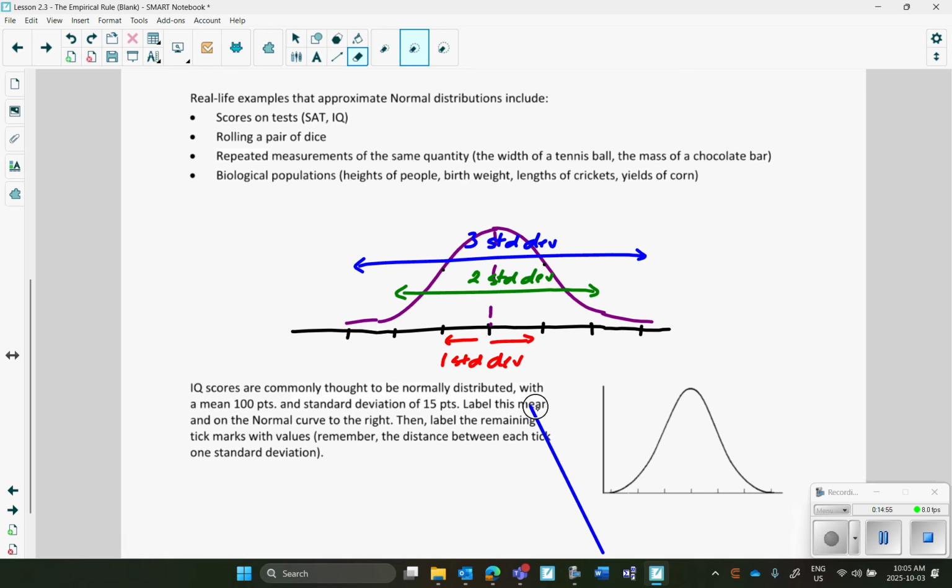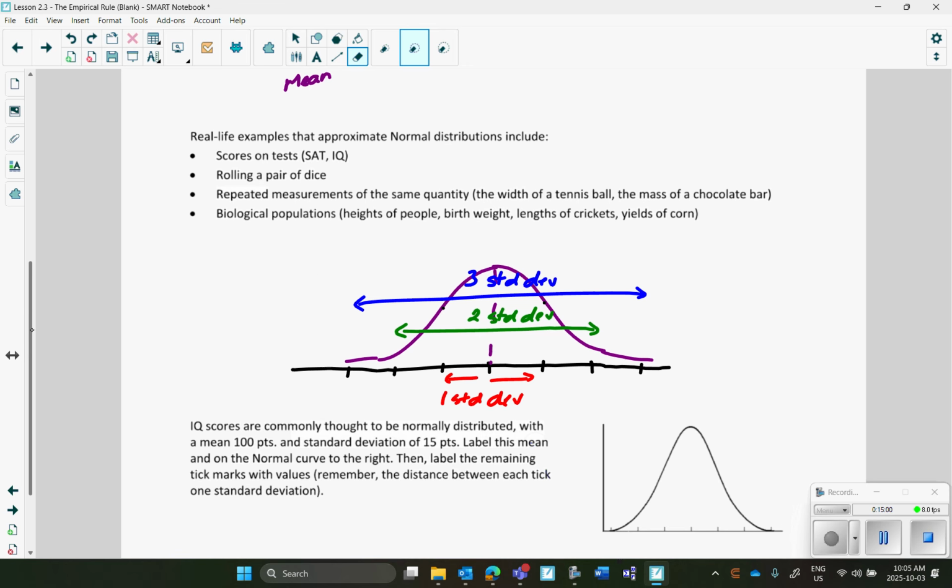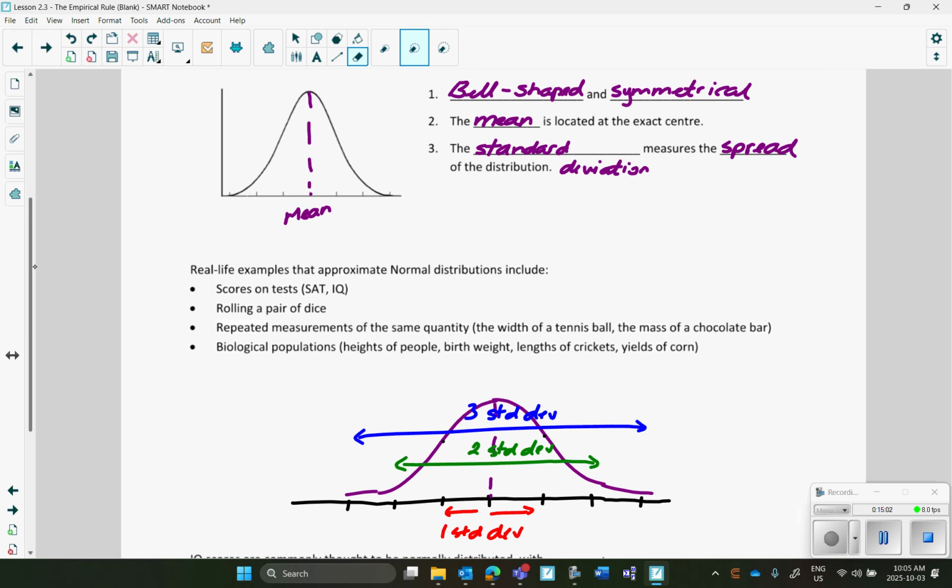So if we go back up here, we would see that this is one standard deviation. This is 2. This is 3, and that's above.